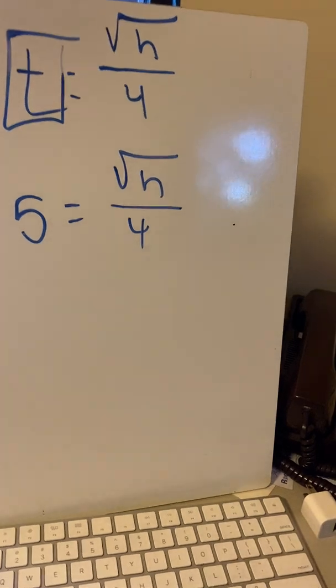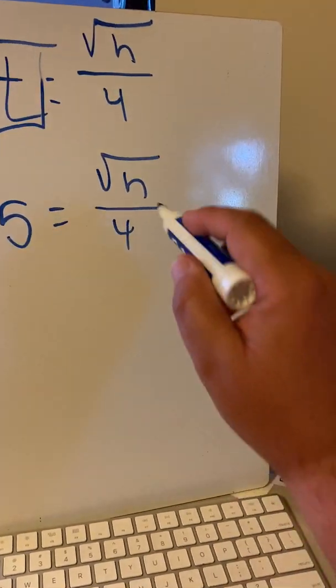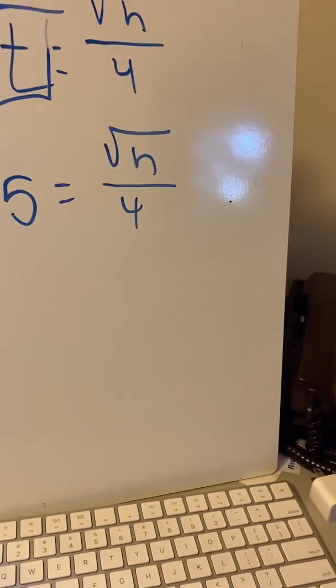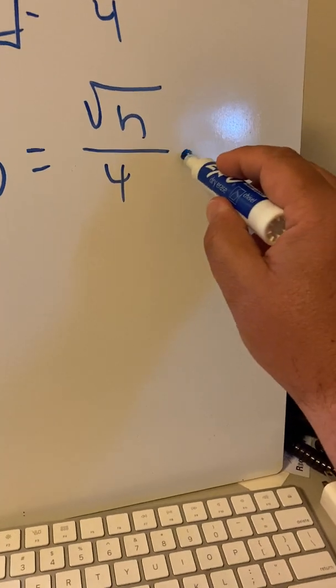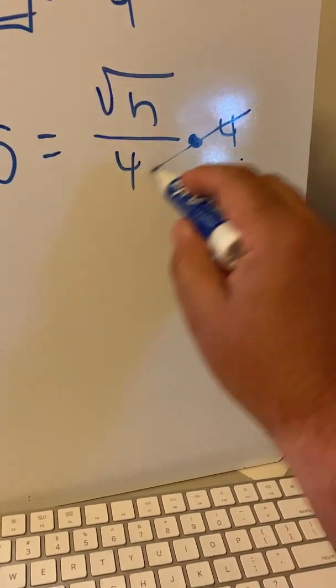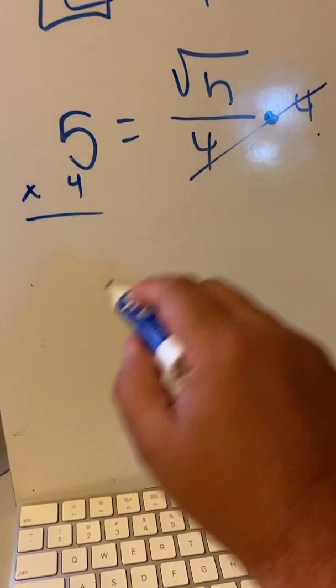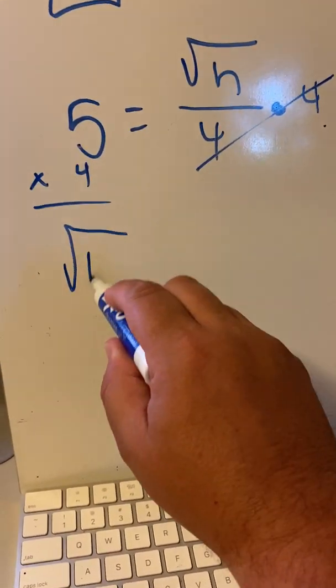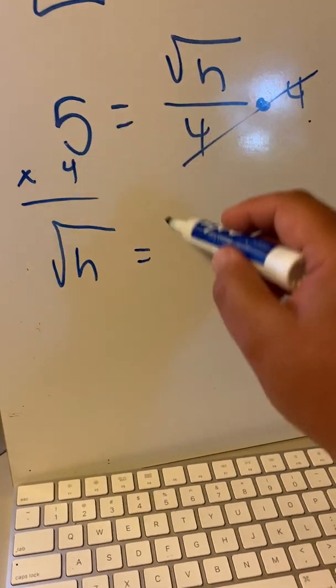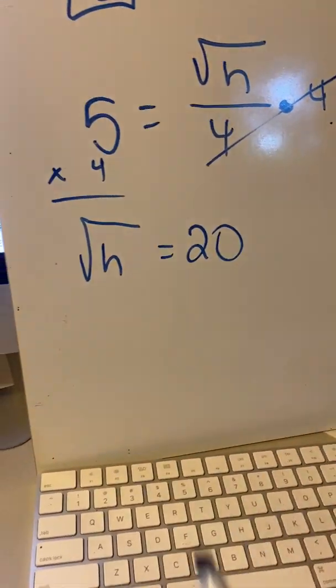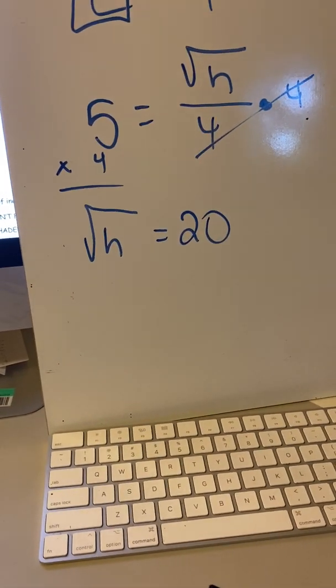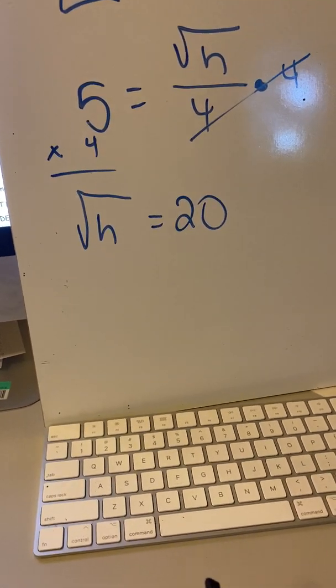We need to isolate the variable. What is the opposite of dividing by 4? Multiply by 4. Multiply this side by 4. So now the square root of the height is equal to 20.